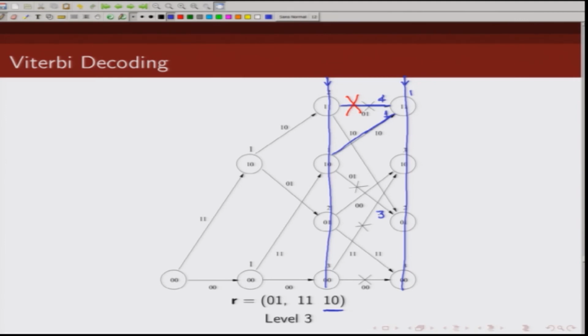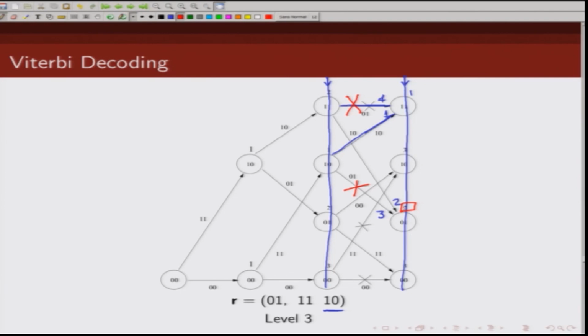This is 2 and this is 1 0, 1 0, Hamming distance is 0. So, 2 plus 0 will give me a partial path metric of 2. Now, clearly this is not the best path metric. So, I will keep this surviving branch and the corresponding path metric, which is 2.